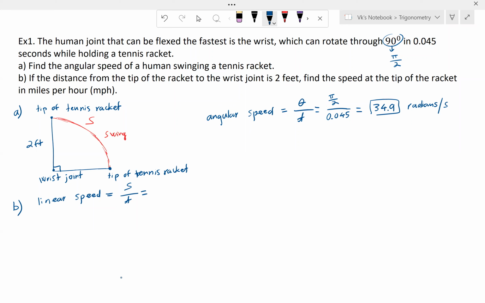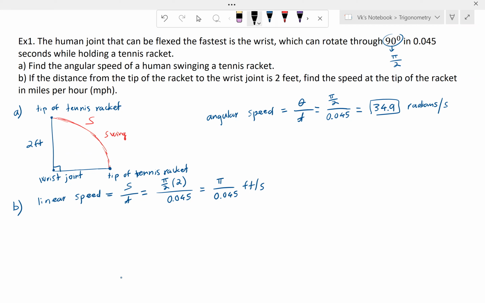We know the arc length is just the angle theta times the radius r. Pi over 2 times 2, over 0.045 seconds. And this would give us pi over 0.045 feet per second. Not sure what this number means though.